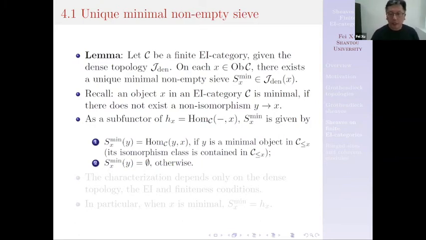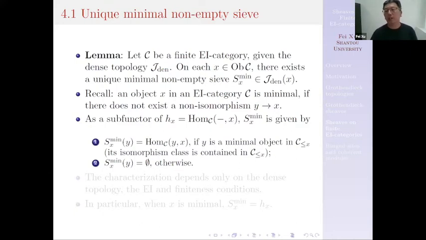Whenever you fix an object X, you can have a full subcategory of C. We write it here as C less than or equal to X, which means you take all objects that are under or below X, or you can say all objects that admit a morphism to X. Then you get a full subcategory.